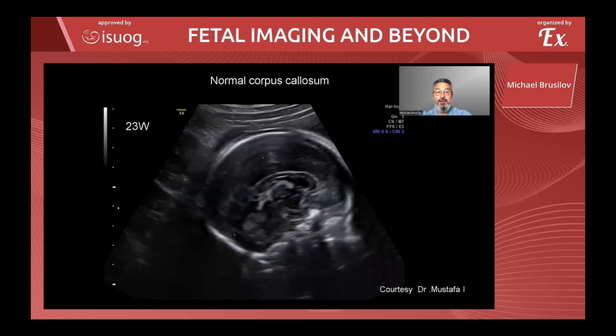In this case, you can see a normal corpus callosum during the regular anatomical scan at 23 weeks.